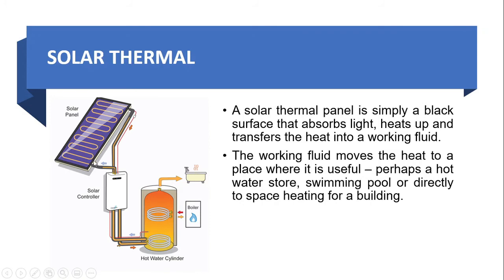Now this working fluid is going to move the heat to a place where it is useful. This is the solar controller, and we usually heat water with the solar thermal technique. This is the hot water cylinder, and from here it can be attached either to a boiler or directly to the sanitary fittings.